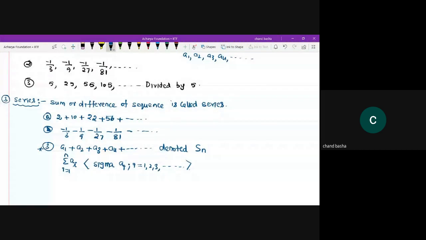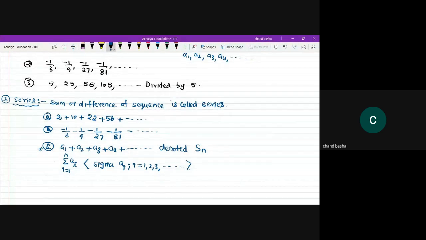Right. Instead of writing A1, A2, A3 and so on, you can write this as summation, I is equal to 1 to N. We don't have that much patience to write all the digits. Suppose he's asking all the students to add the numbers from 1 to 100: 1 plus 2 plus 3 plus and so on. You cannot write all the numbers. So instead, we can simply write summation I, where I is equal to 1 to 100.